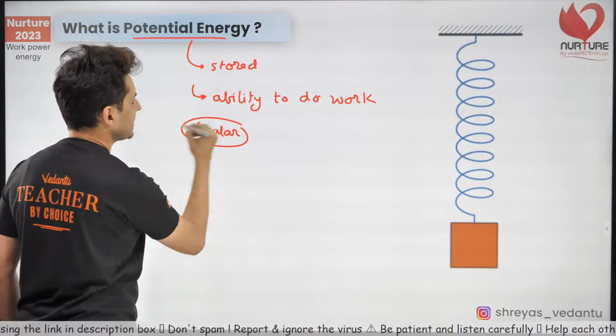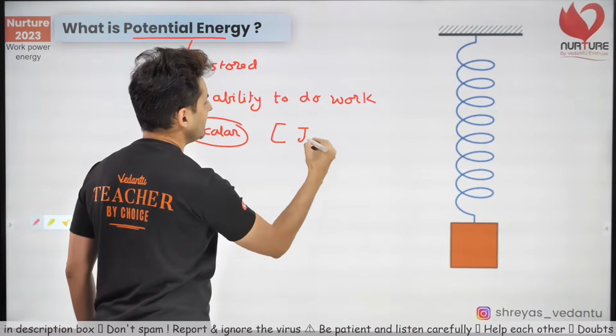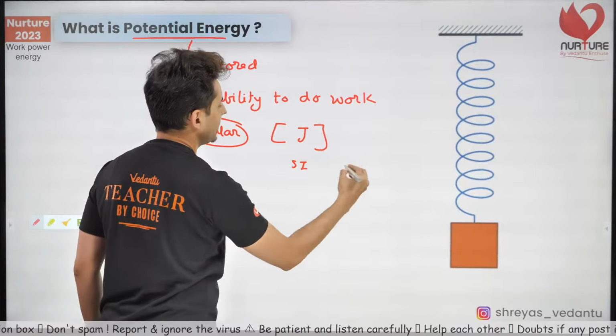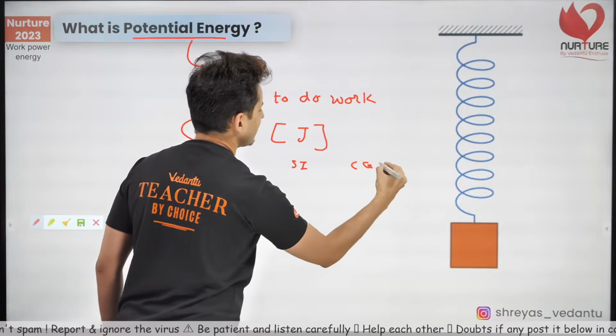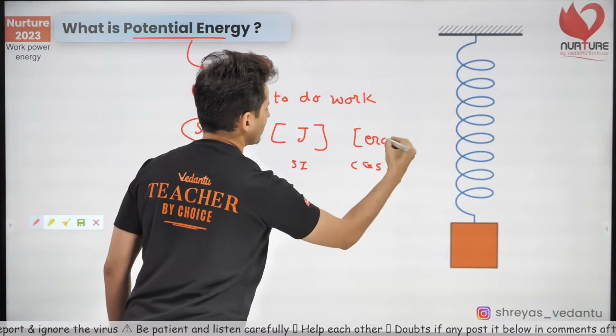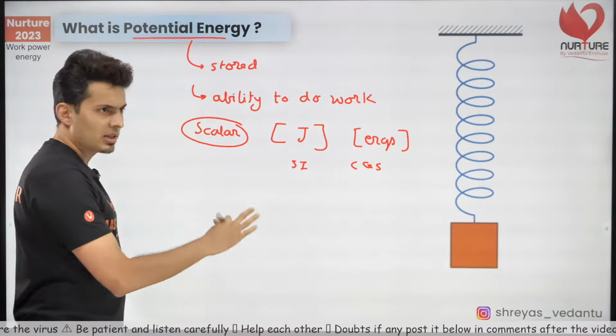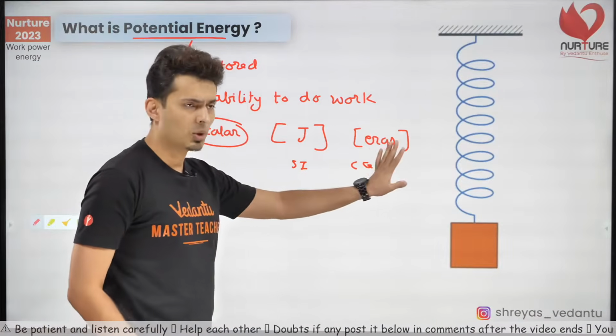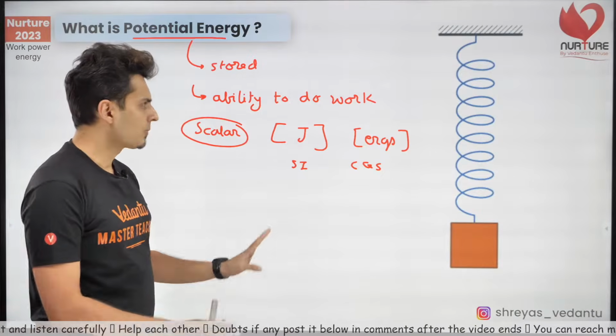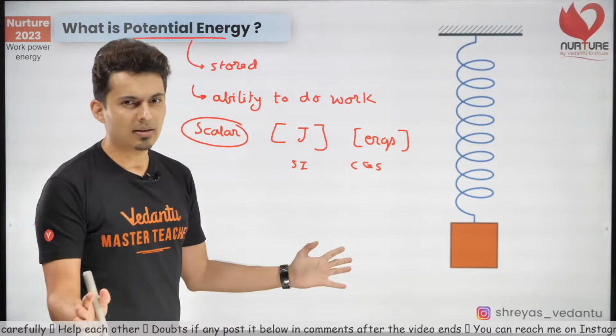The unit of that will be joules in SI unit, and if you are using CGS unit, then it will be ergs. There are more units, but right now you can just learn about joules and ergs. That's enough. And 1 joule is 10 to the power 7 ergs.